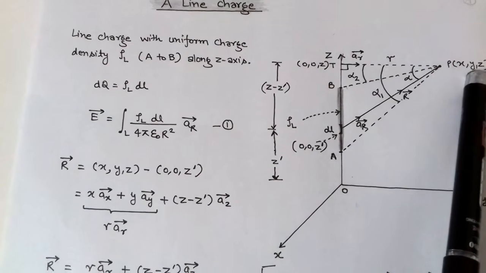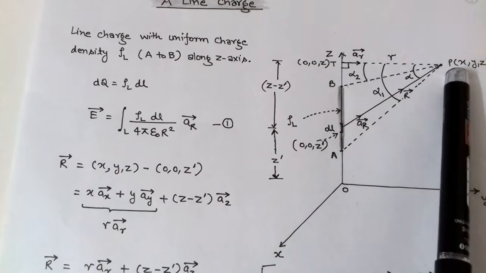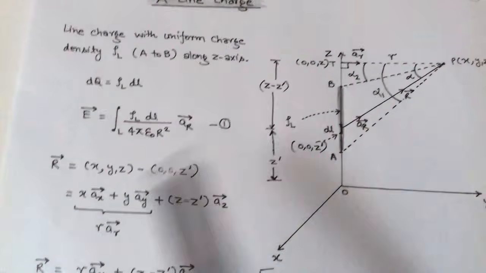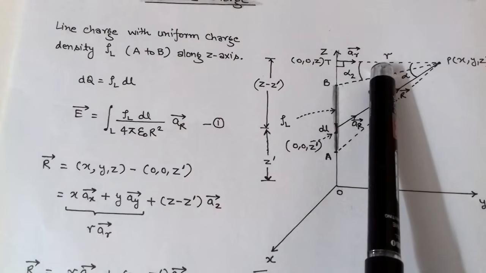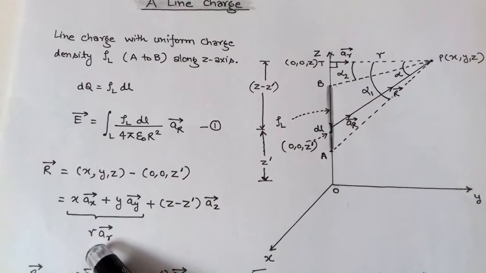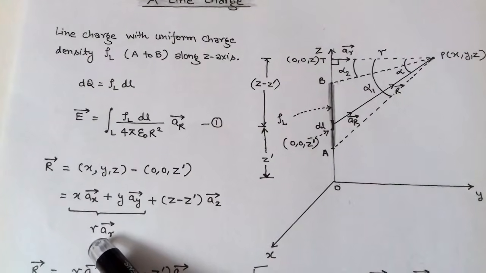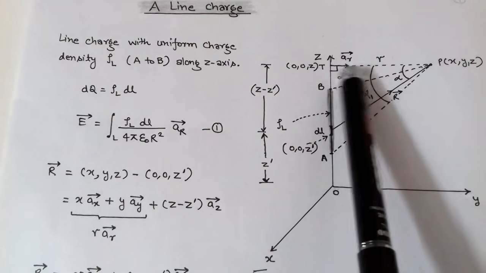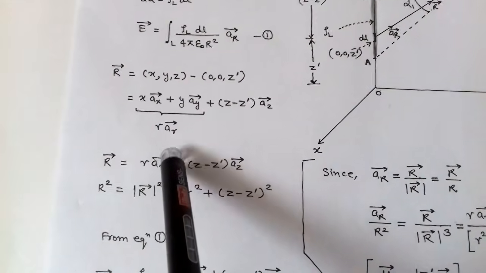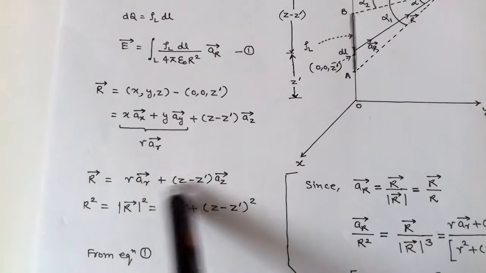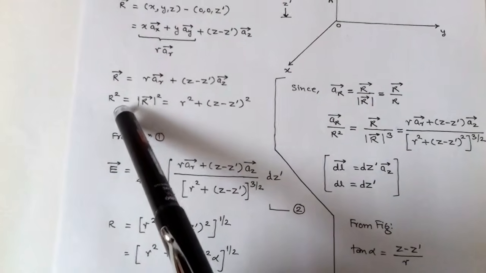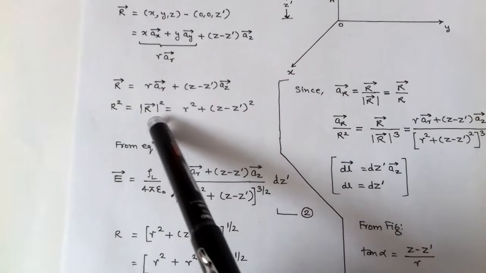So here the z coordinate is cancelled and you get only x unit vector x plus y unit vector y, and that is called vector r, small r, and that is magnitude in the direction of unit vector r. So the position vector capital R is equal to small r unit vector r plus z minus z dash unit vector z. So in place of capital R vector we can write this term.